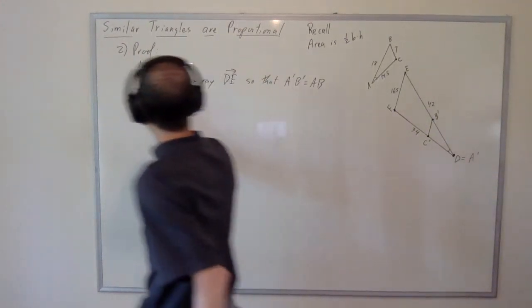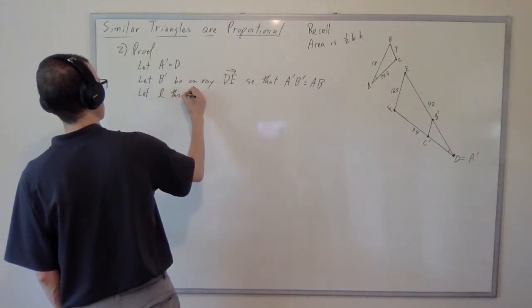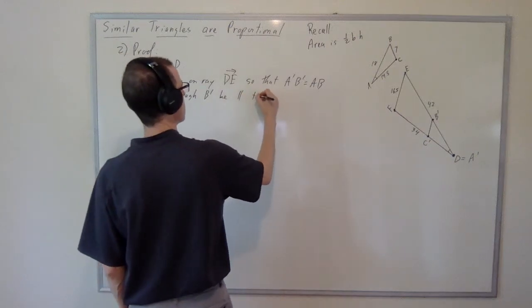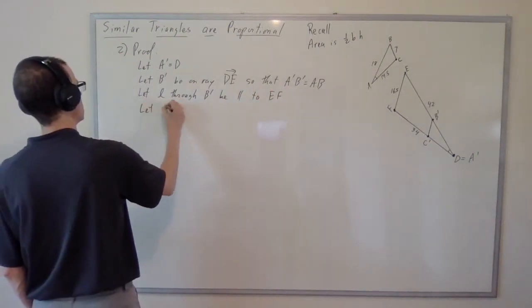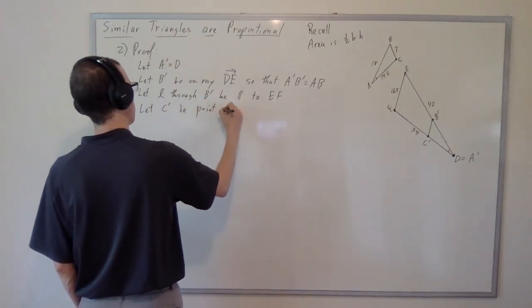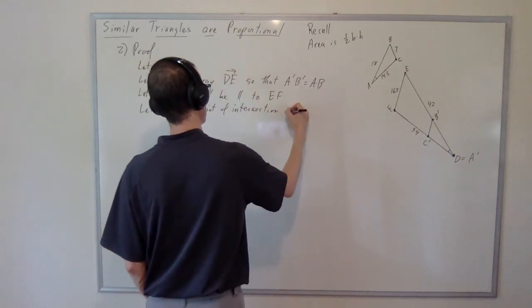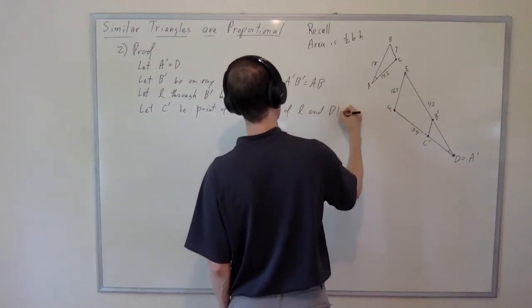So let's record that. Let L through B prime be parallel to EF, and let C prime be the point of intersection between the new line L and the old segment DF.